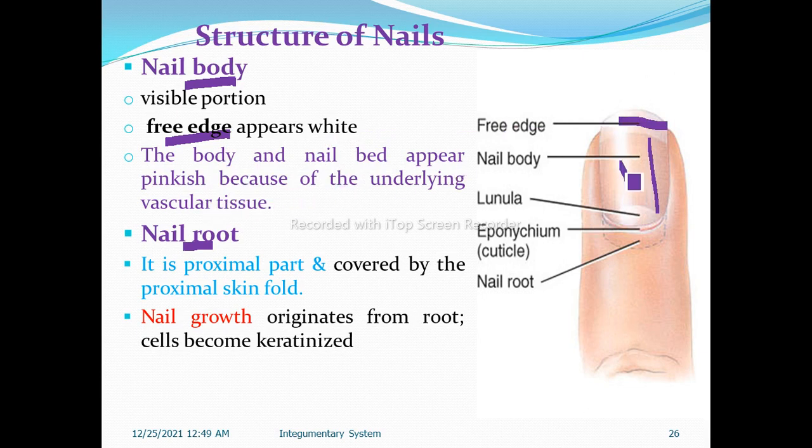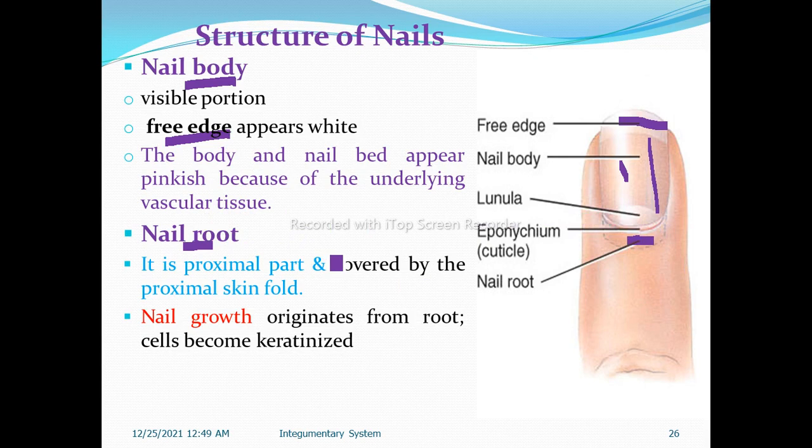The vascular tissue contains blood, which reflects on the nail bed and the body of the nail, so it seems pinkish. The other part is the nail root. The nail root is this one.